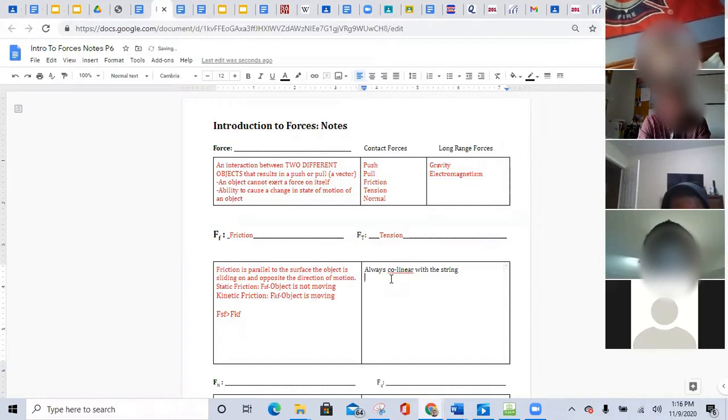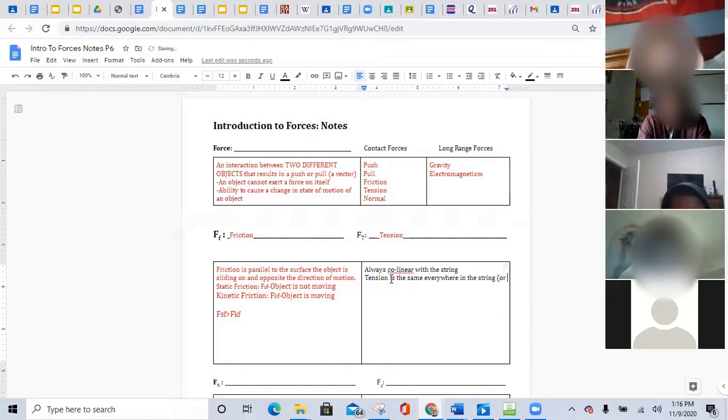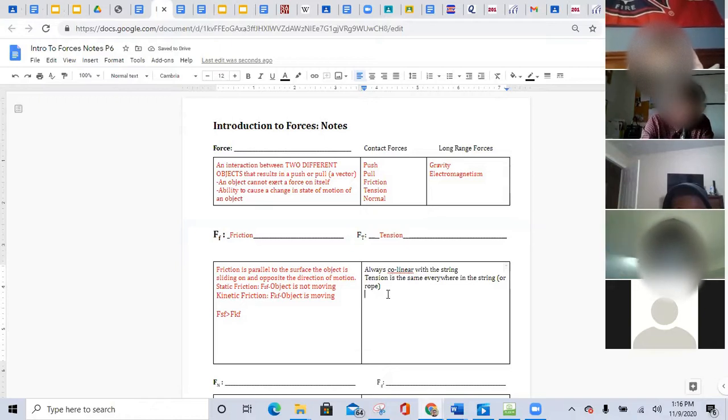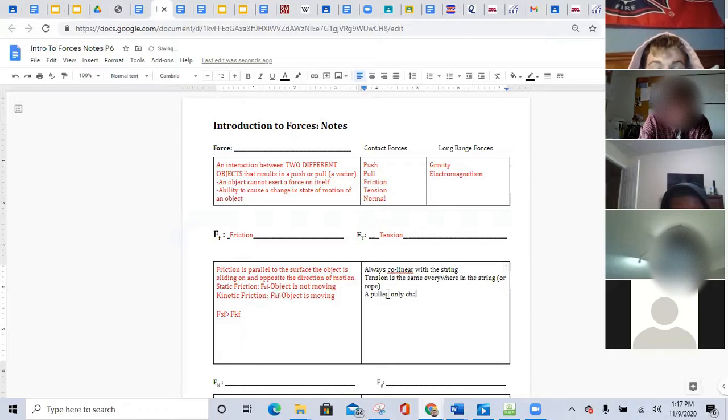And it's also important to note that tension is the same everywhere in the string. I'm going to say or rope or chain. Those are good approximations of a string as well. And if it goes over a pulley, and we'll talk about this later, a pulley only changes the direction of the force.